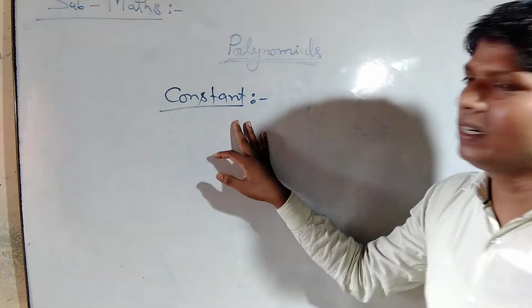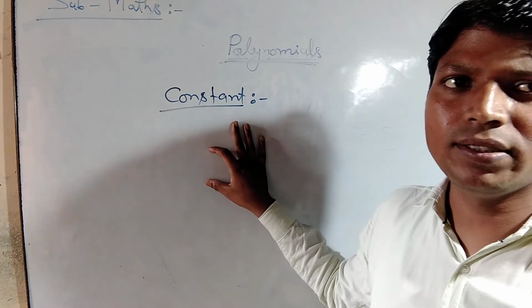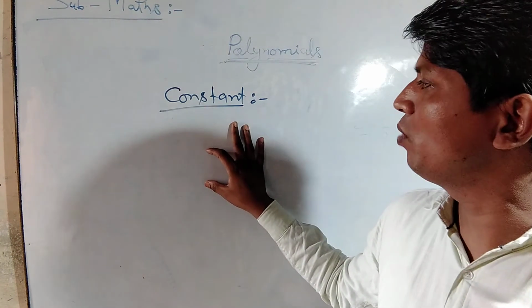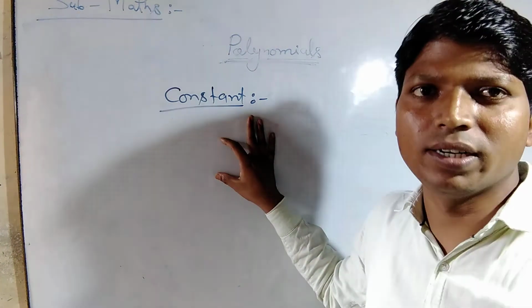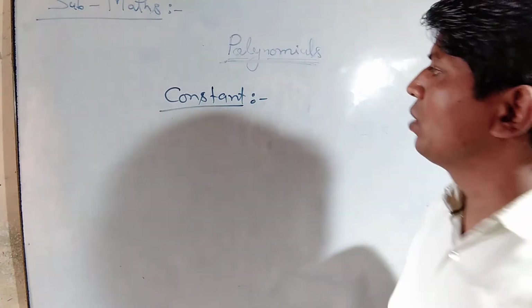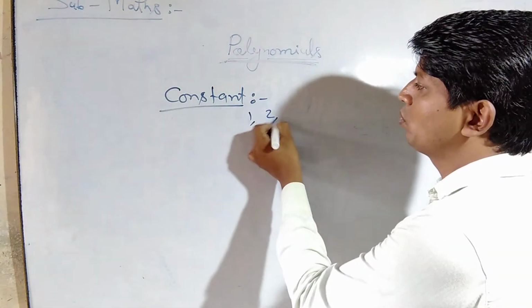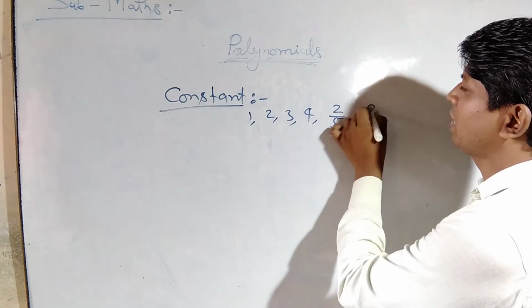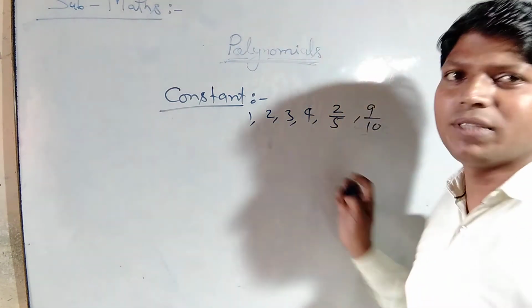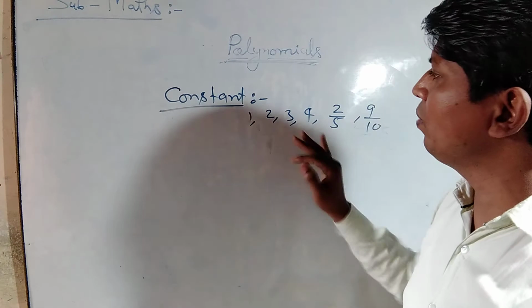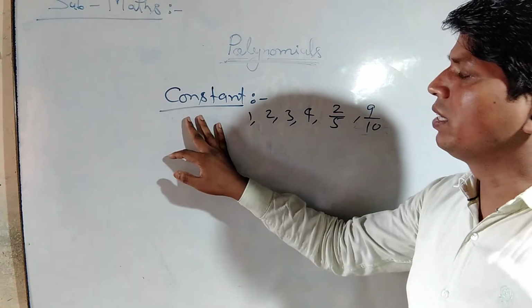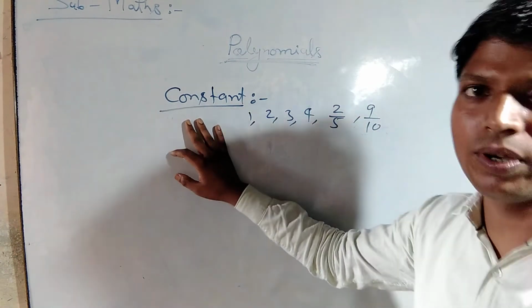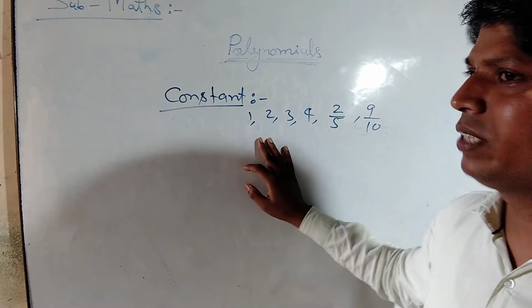We know the definition of constant. Any symbol having a fixed value is known as a constant. It means we take examples like 1, 2, 3, 4, 2 upon 5, 9 upon 10. These have fixed values. A symbol having a fixed value is known as a constant.